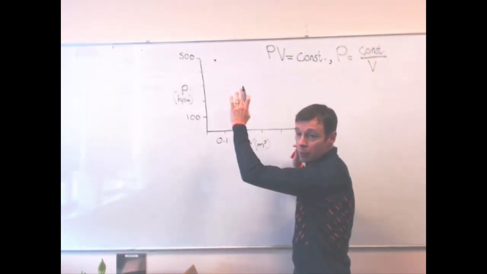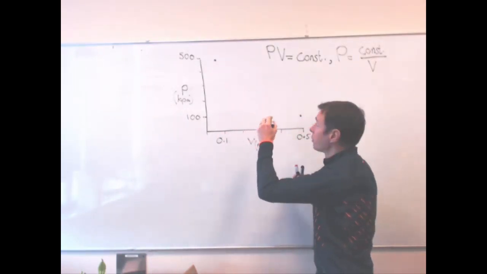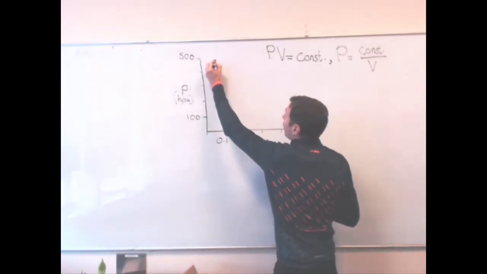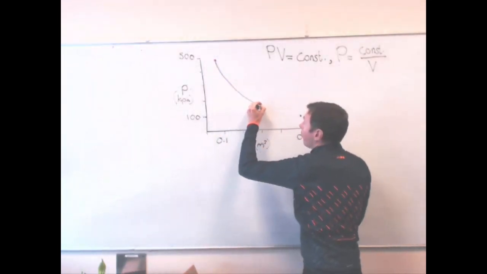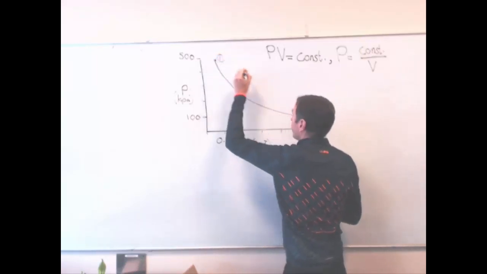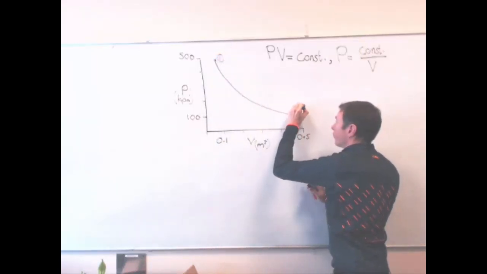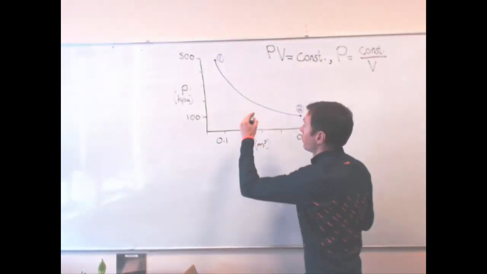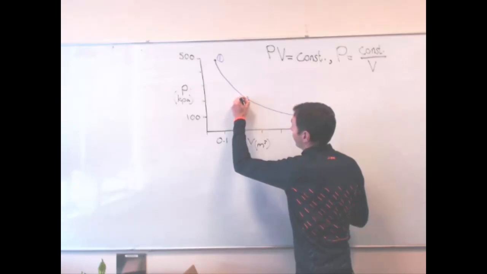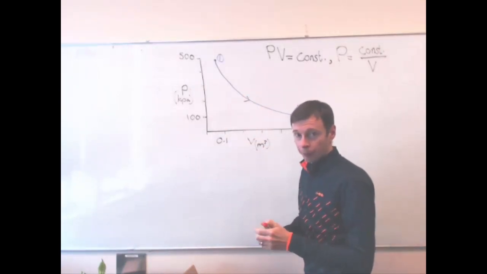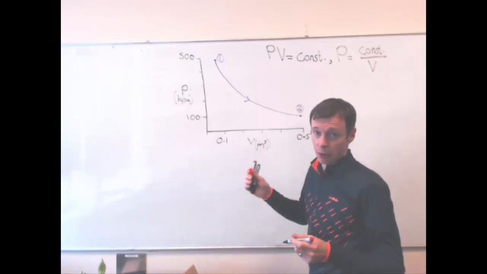These are our two properties of state, and we can draw a line between them. That's the process line. And finally, it's always very important to put the direction of the process. Going that way.